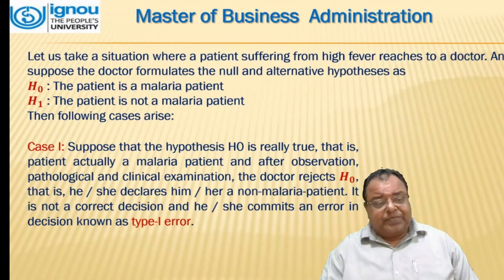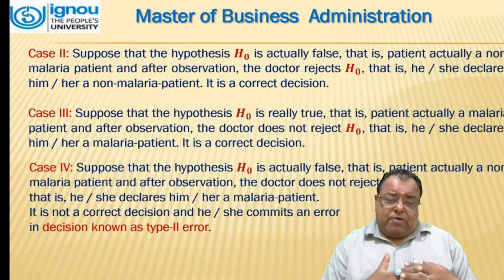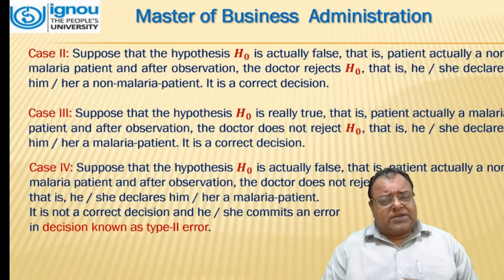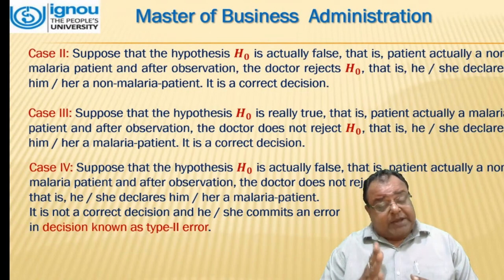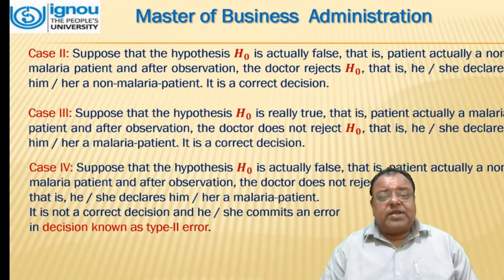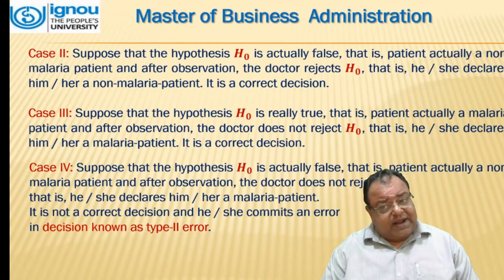1 error. Now, in case 2, suppose the hypothesis H0 is actually false. That is, the patient is actually a non-malaria patient, and after observation, the doctor rejects H0. That is, he or she declares him or her a non-malaria patient.